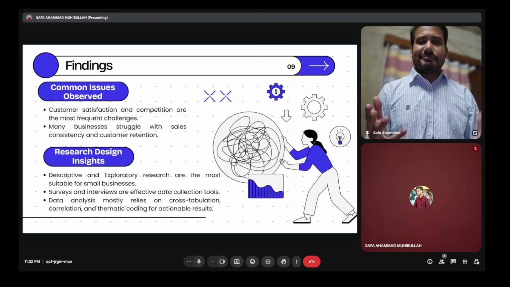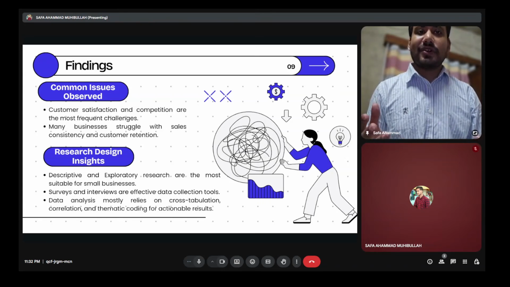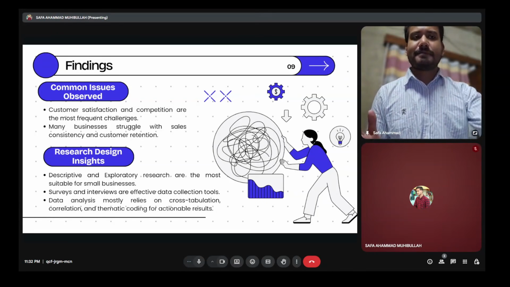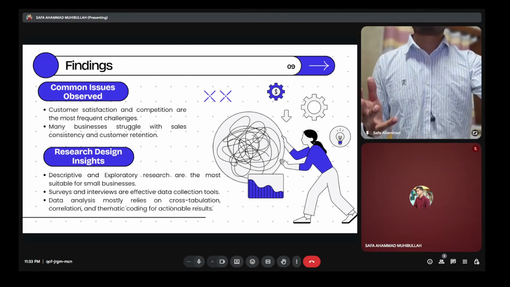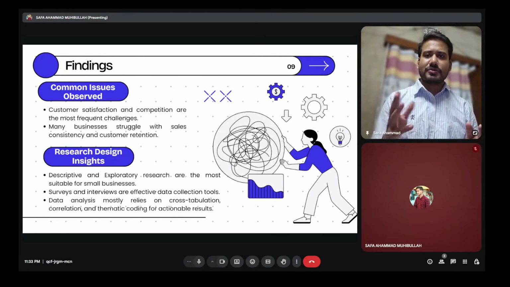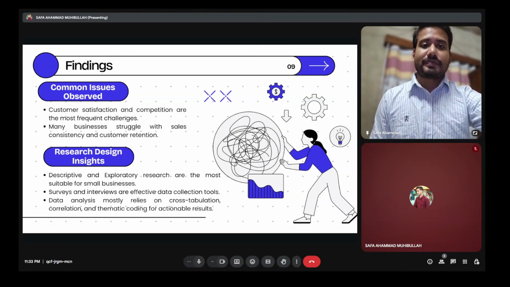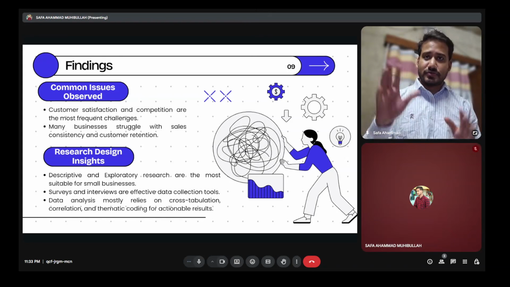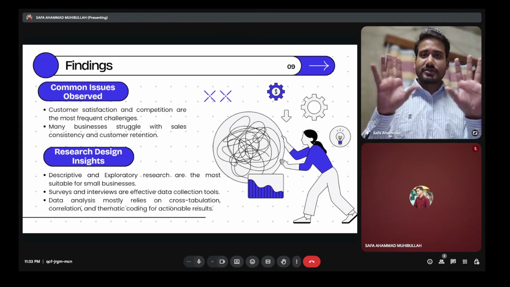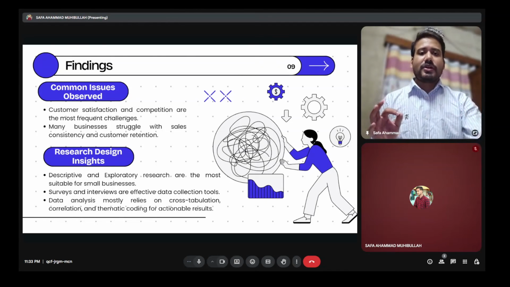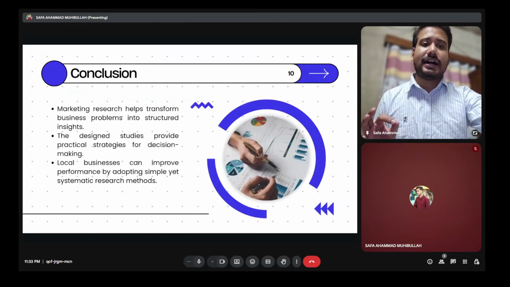Data analysis mostly relies on cross tabulation and correlation. Most data was collected through these research designs, and these are cheap and not that costly. Okay, so moving on to the next slide.